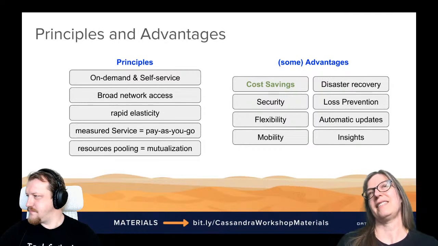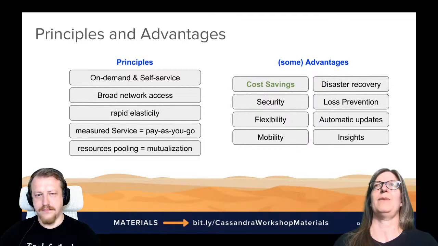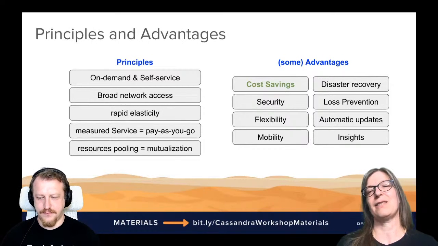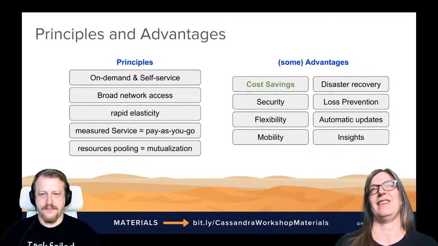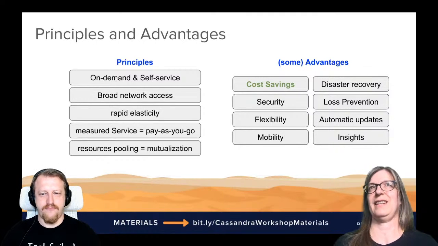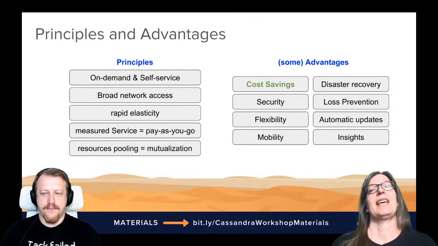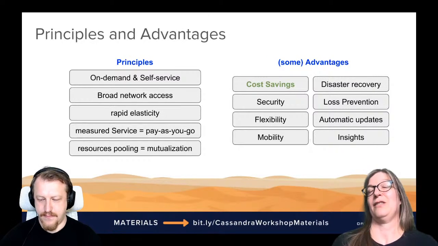And the advantages, really cost savings. It might appear expensive, right? But if you compare it with buying the hardware yourself, installing it, managing it, etc., you really can get access to some very powerful resources at a fraction of the cost that you would have needed to spend 10 years ago in order to have it on premise. Security is solved for you.